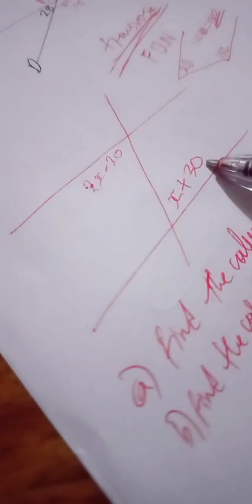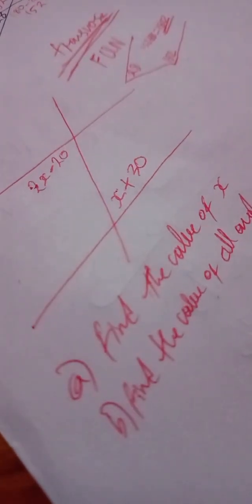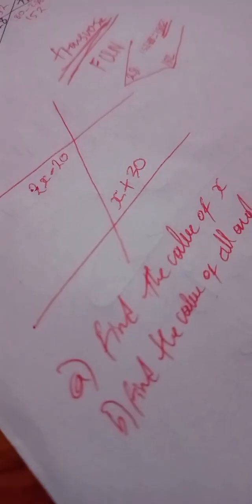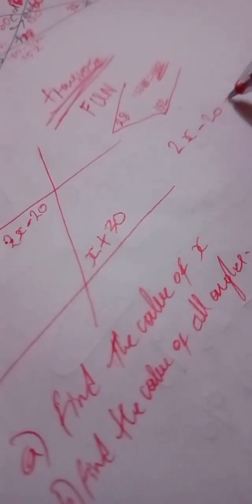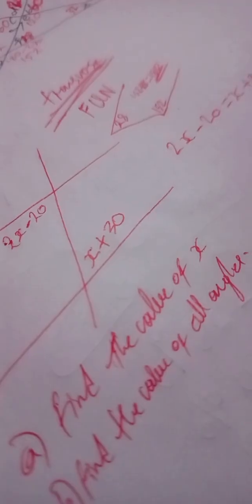So to find the value of x, what is the relationship between these two angles? They are alternate angles, our Z, so they are equal. So we say 2x minus 20 is equal to x plus 30.